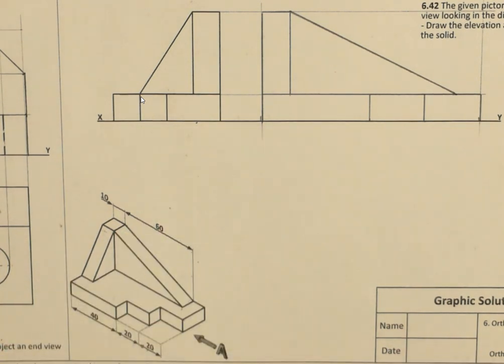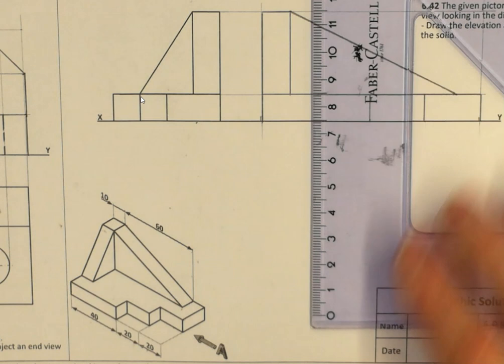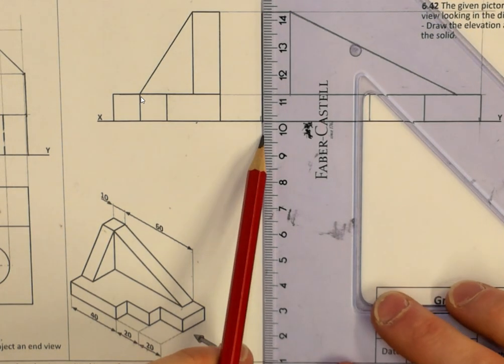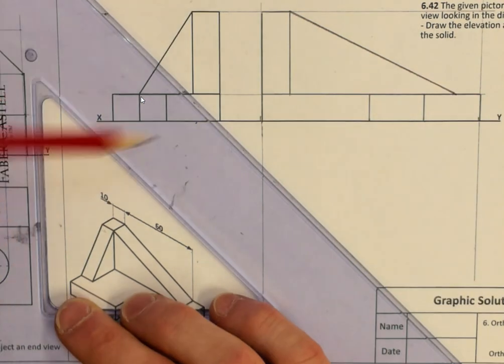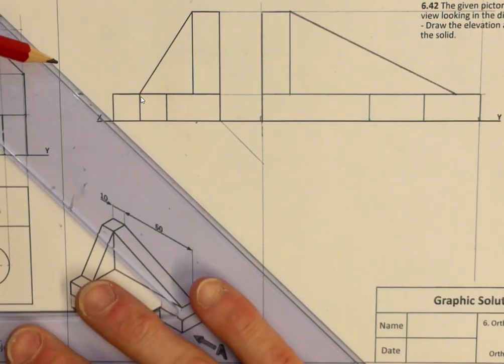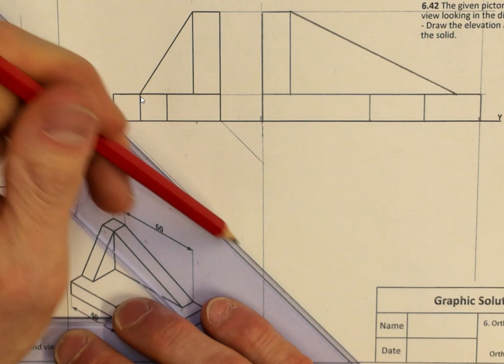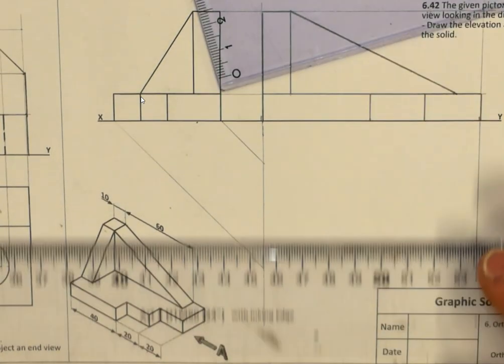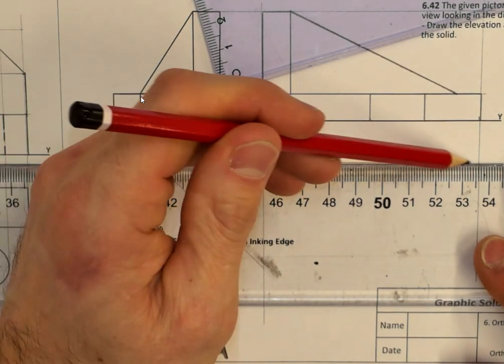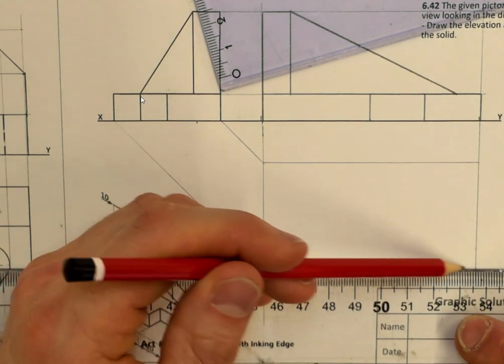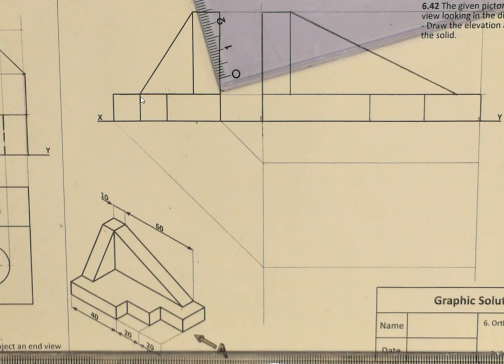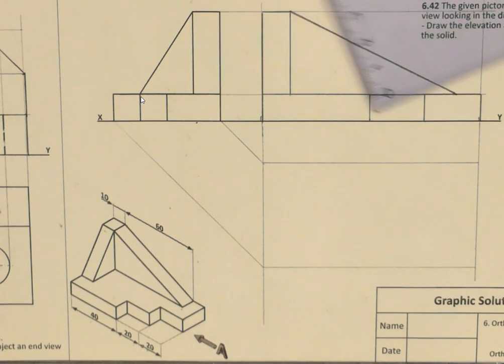Now we're going to complete our plan next. So we draw a line straight down, and we take these lines straight over. Okay, now we'll start dividing it up.